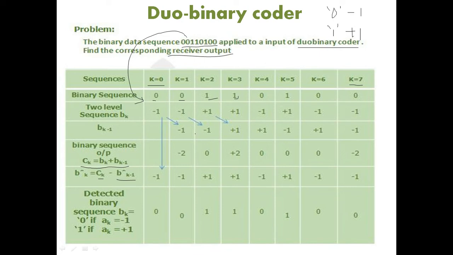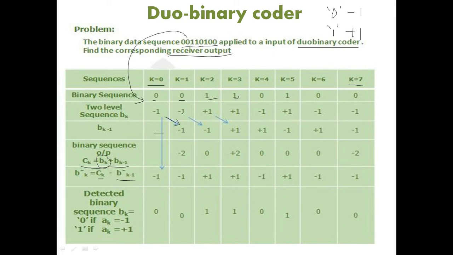Now we have bk. We know the bk value here, but we don't know the value of bk minus 1 for the present instant, so for each instant we should indicate bk minus 1. Consider the first one: no sequence is there. In the initial stage we don't have anything in bk minus 1, so it is empty. In the next instant, k equal to 1, the previous one comes as bk minus 1. The previous instant is k equal to 0, so that comes here as minus 1.